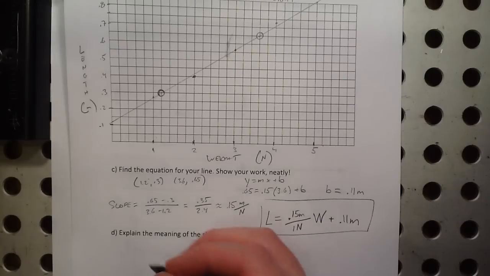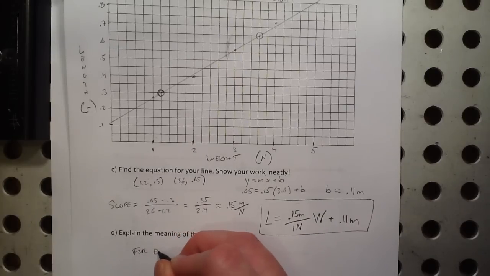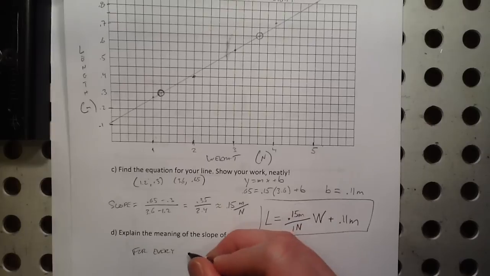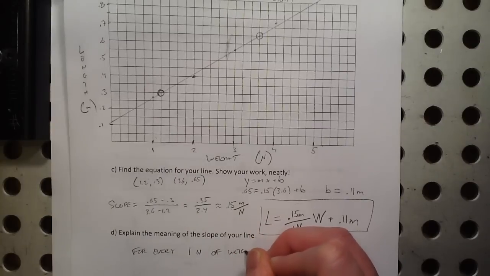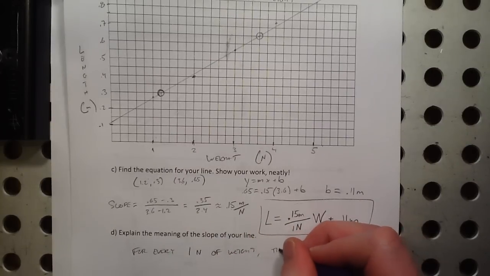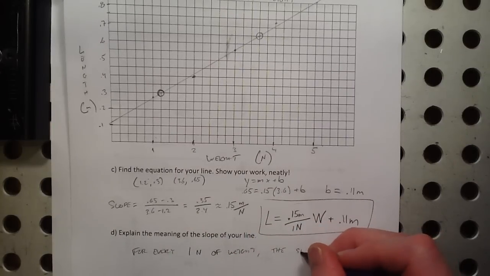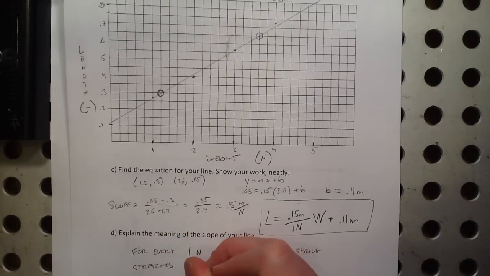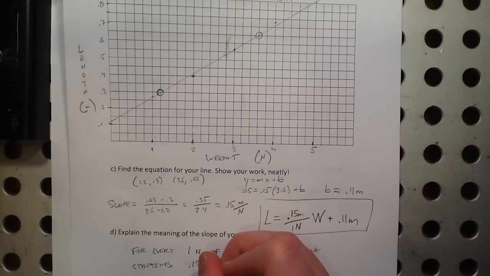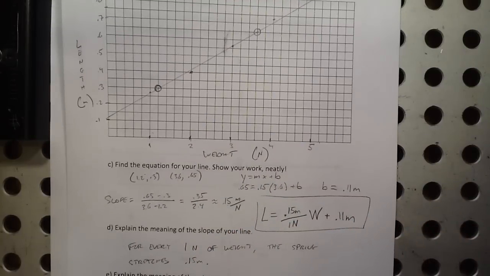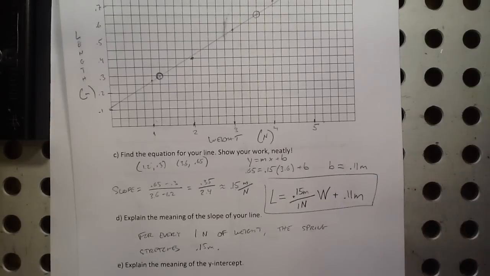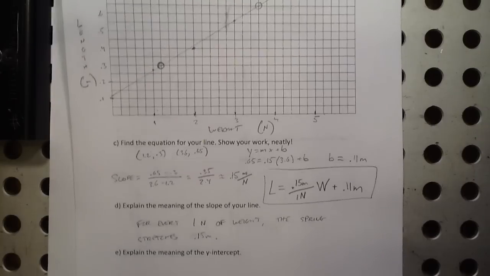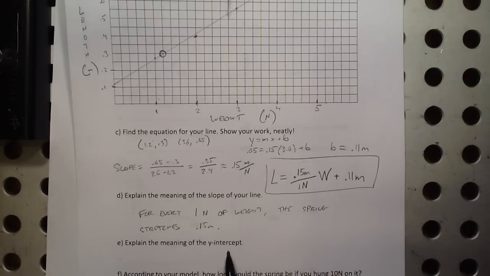Well, the slope means for every 1 Newton of weight, the spring stretches 0.15 meters. Right? We read our slopes from the bottom up, just like you do in your lab reports. Explain the meaning of the y-intercept.